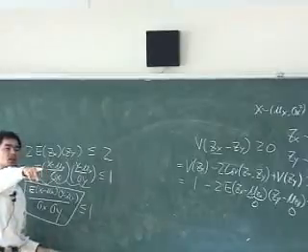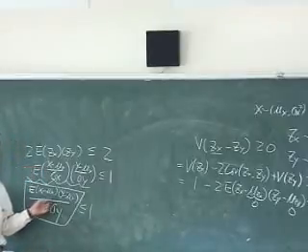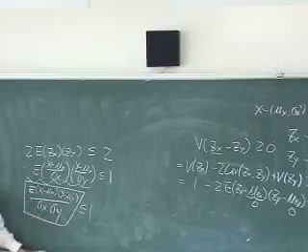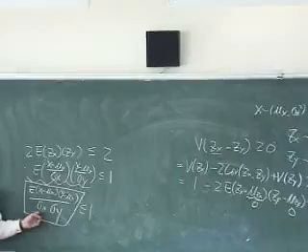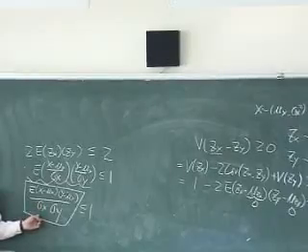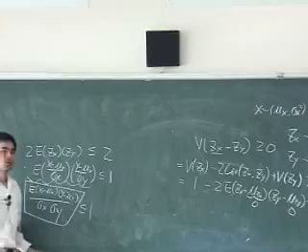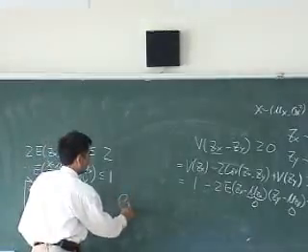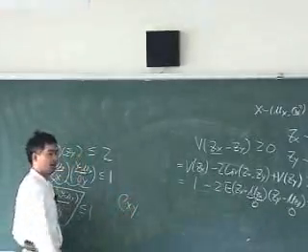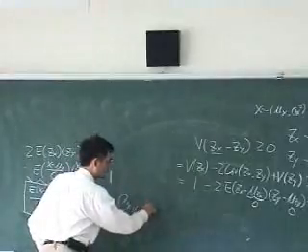The girl in pink strip, red strip, what is this one? This is rho x y, right? And that is going to be less than or equal to 1.